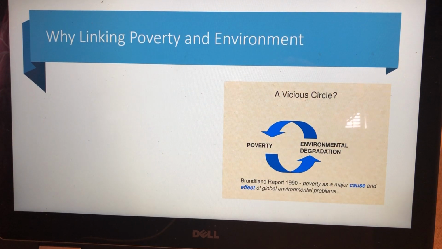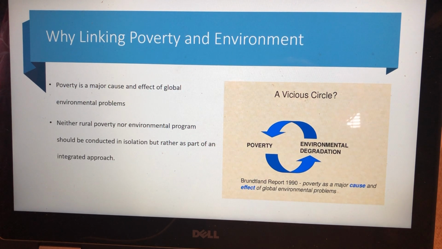Then why should we link poverty and the environment? Usually, the poorest communities are also the most polluted. I know such communities, and I think you might know such communities as well. Later on, we are going to see some visual pictures of those communities.